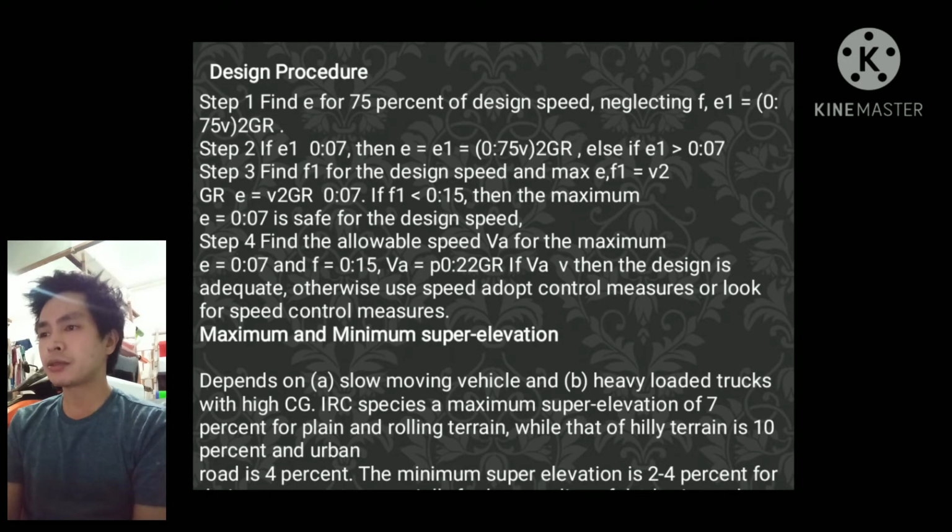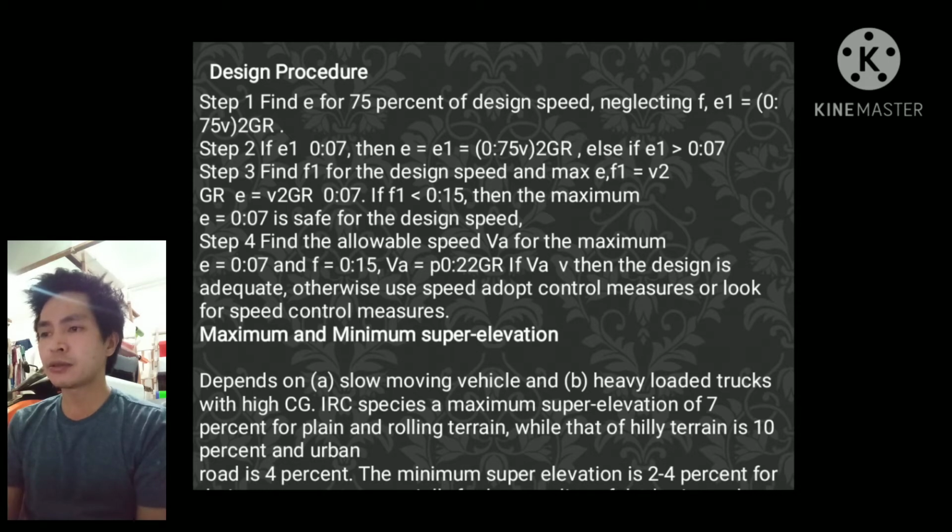Maximum and minimum super elevation depends on slow-moving vehicles and heavily loaded trucks with high CG. IRC specifies a maximum super elevation of 7% for plain and rolling terrain, while that of hilly terrain is 10% and urban road is 4%.